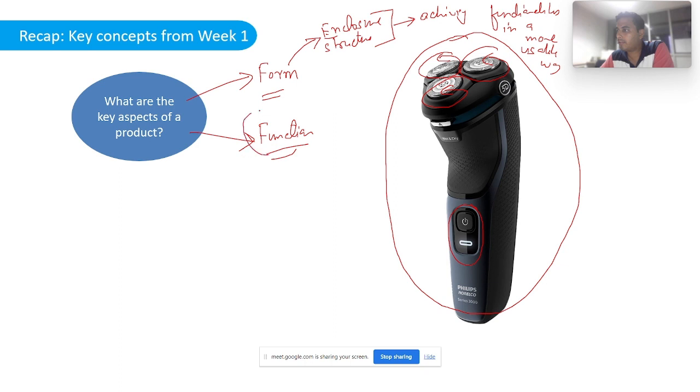And function defines what technology or science brings to serve the purpose, to solve a particular need or requirement. So for this particular product, the function is to shave.